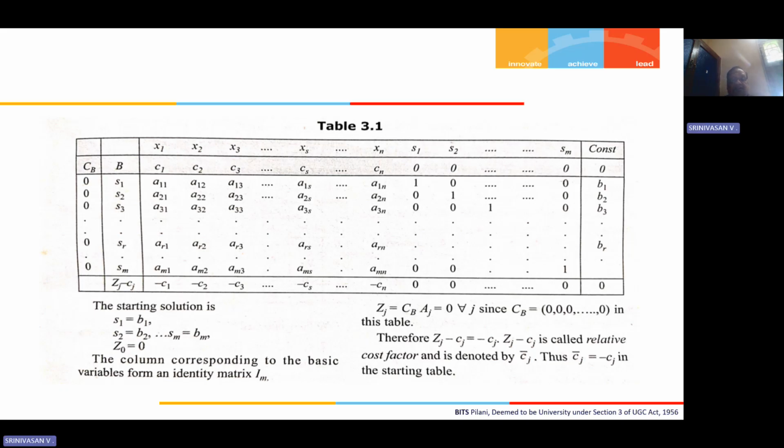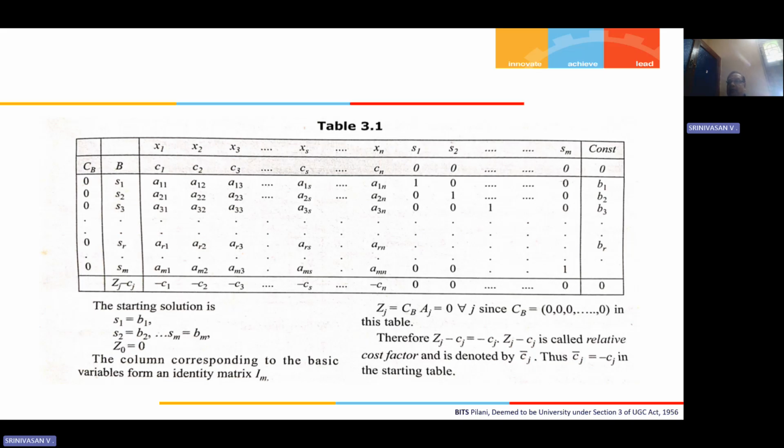Here you write the coefficients of these variables. In the first column, you write coefficients of the basic vector components, that is S1, S2, etc. They are initially zeros. And here you will be writing the coefficients of these variables C1, C2, C3, etc., Cn.